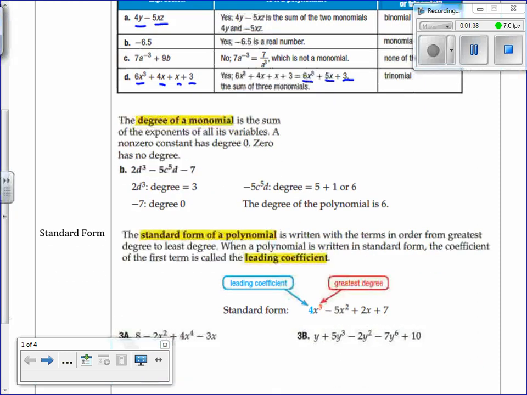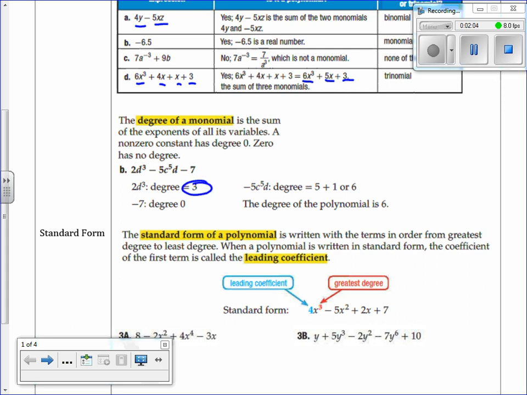All right, so when we talk about the degree of a monomial, the degree basically is the sum of the exponents of all the variables, all right? So when I look at 2d to the third minus 5c to the fifth d minus 7, I can say the degree of 2d to the third is going to be 3.